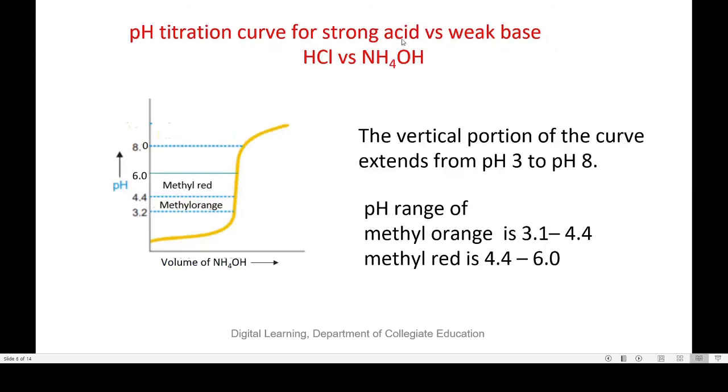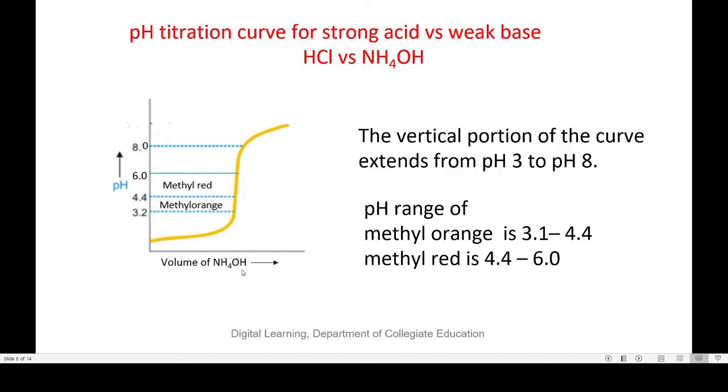pH titration curve for strong acid titrated against weak base. Example, hydrochloric acid titrated against ammonium hydroxide. Ammonium hydroxide is a weak base. HCl is a strong acid, so its pH will be low in the beginning.